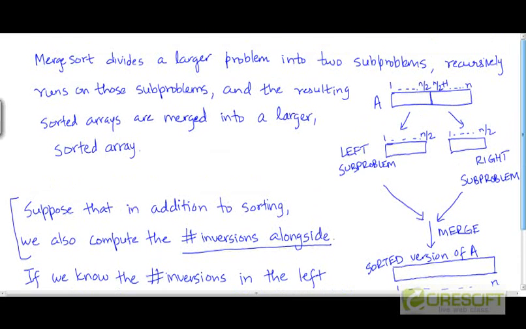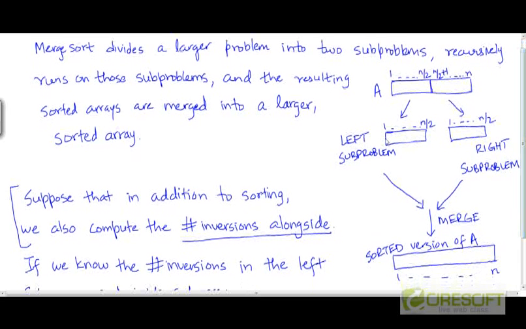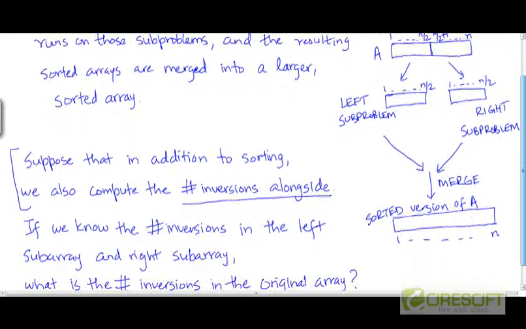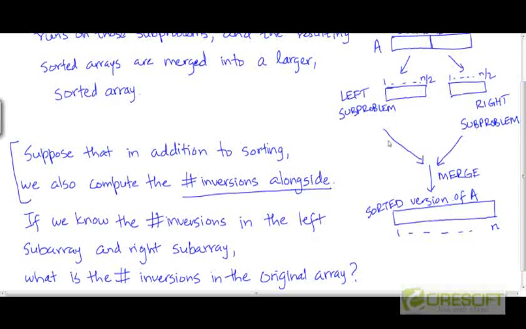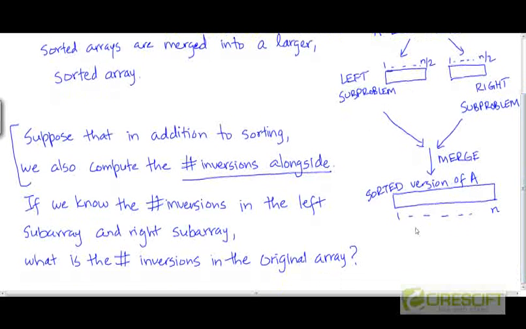Now, since merge sort is a recursive procedure, we can assume that when we recursively call merge sort on the left subproblem and the right subproblem, we are also going to get, as part of the result of the recursive call, the number of inversions in the left subarray and the number of inversions in the right subarray.